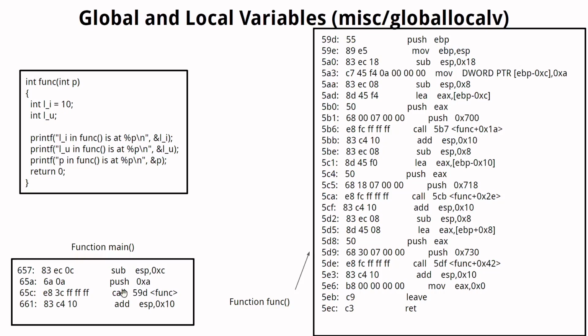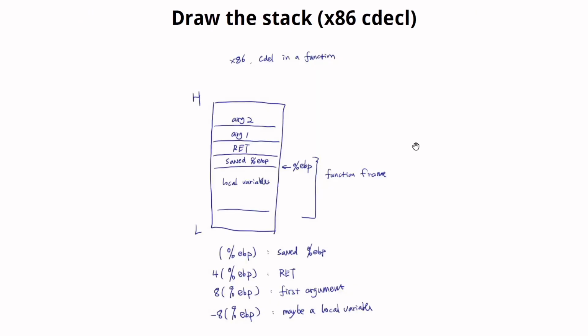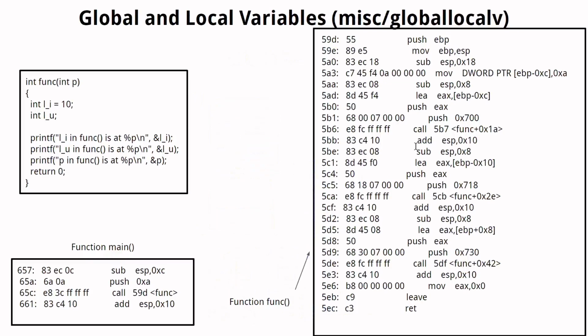You can see here, this is in the main function, it calls the function func. And this is the C code of the function func, and this is the binary of the function func. We're going to look at this line by line to understand how it works.